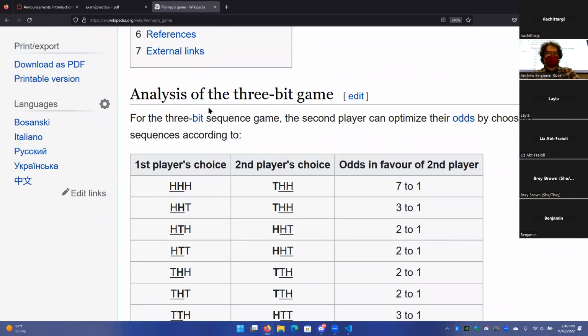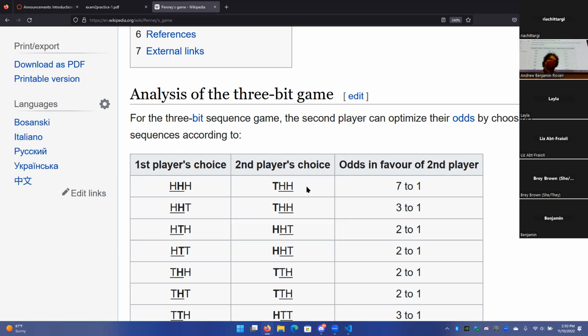Depending on the player's choice, you can optimize your odds very significantly. For instance, if the person chooses heads, and you choose tail, head in response, then your odds of winning are 7 to 1. Why is this?